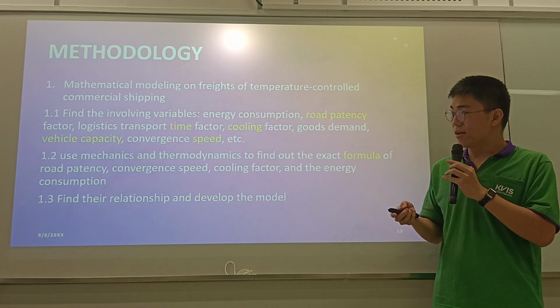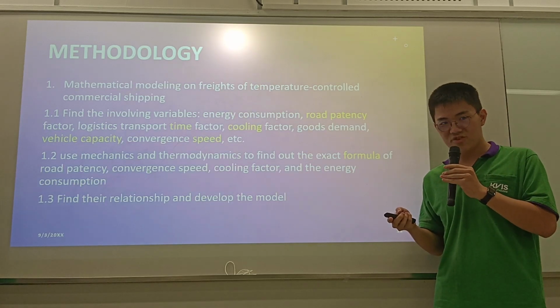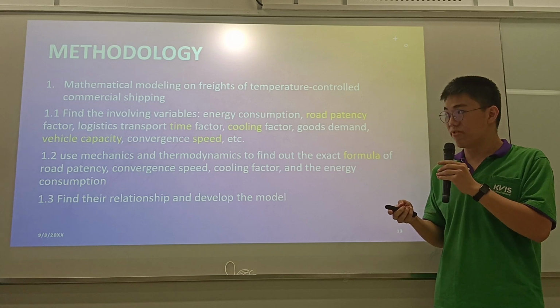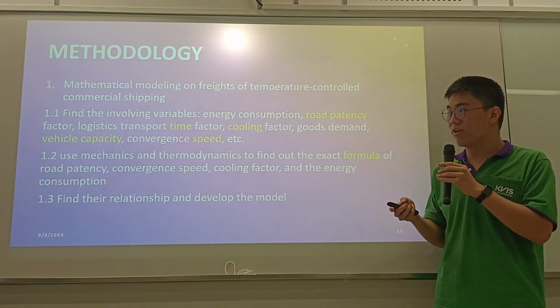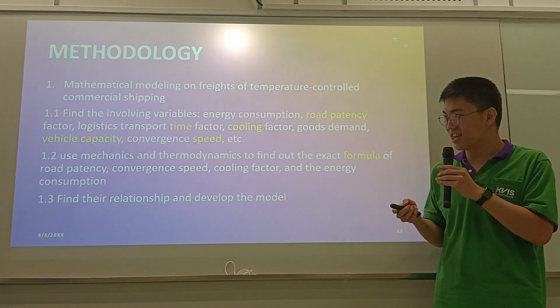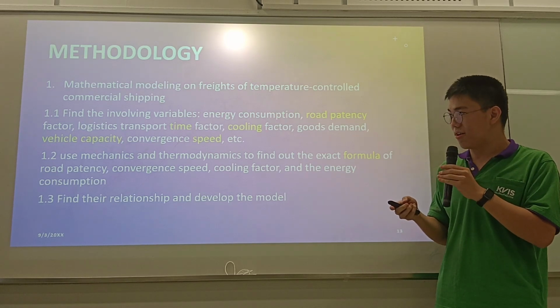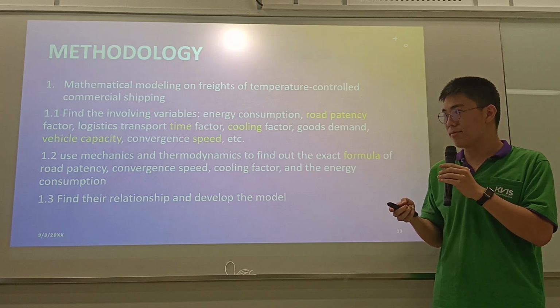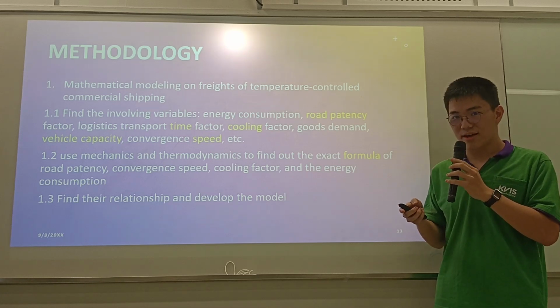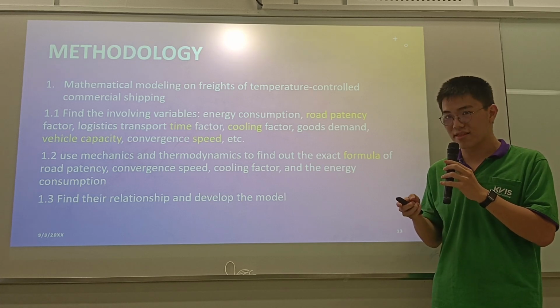Our methodology is divided into two main parts. The first part is the mathematical modeling. So we have to find the involved variables like energy consumption, the cooling factor, the goods demand, or the convergence speed. And then we use the principles of mechanics and thermodynamics.